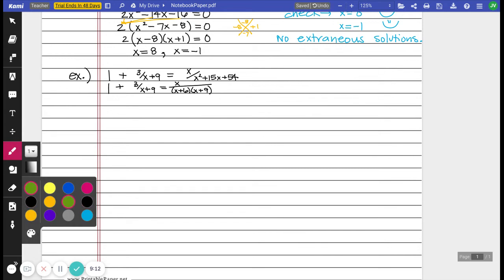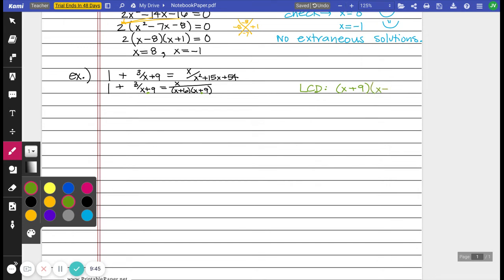Why is that so much more helpful? Well, as I build my LCD, the first denominator I run into is an x plus 9. Right? That's right here. Well, if I didn't know that the last denominator was able to factor the way I factored it, I wouldn't have ever said, hey, x plus 9 is already covered and I might include it again, and I wouldn't get to see all the canceling that's possible.